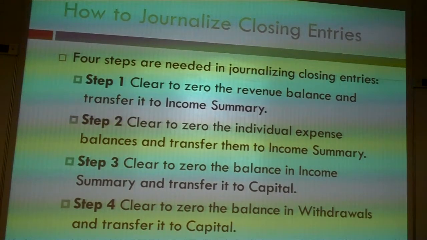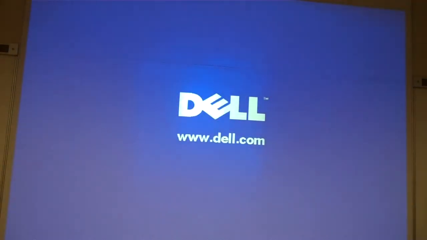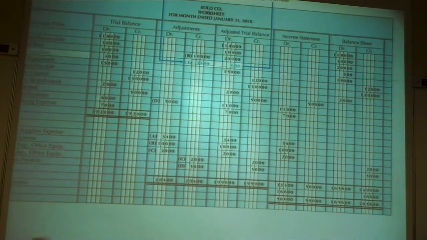So let's go back and look at the worksheet on page 183. Here it is. So let's just look at the income statement, and you can see that in your book too. It's on page 183.